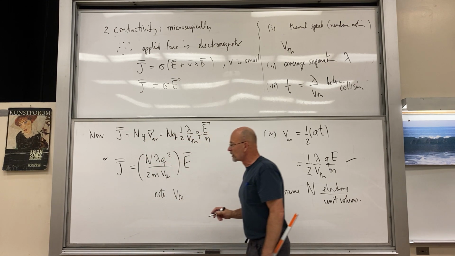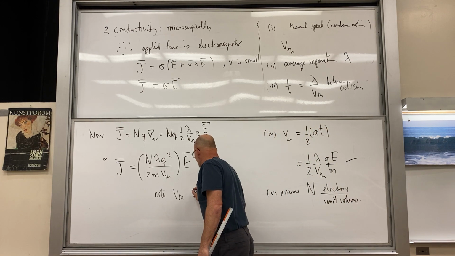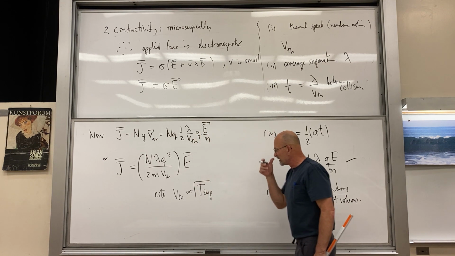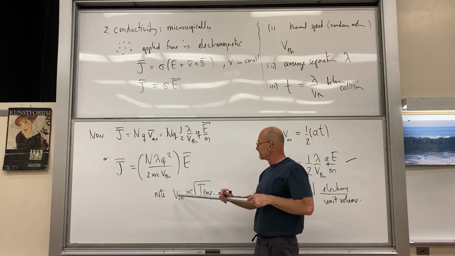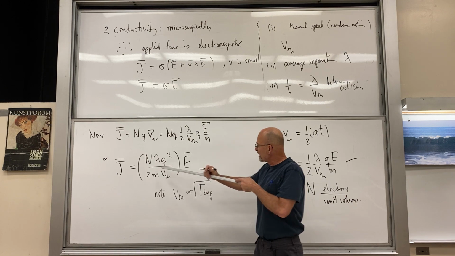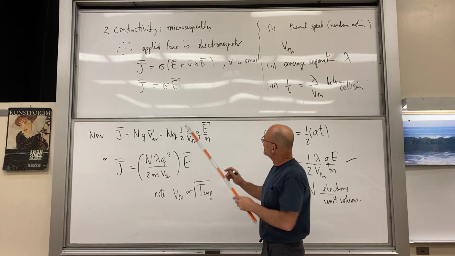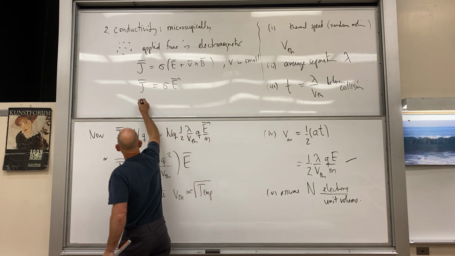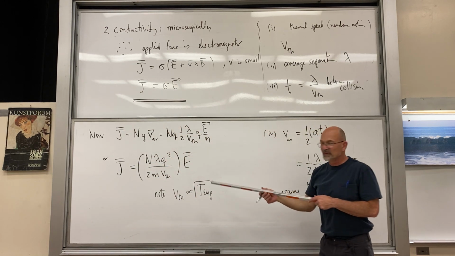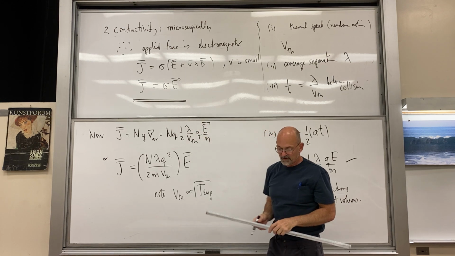V thermal, which you know from the kinetic theory of ideal gas, is proportional to the square root of the temperature in Kelvin. So you're going to get a smaller value of this as the temperature increases. But we're going to leave these considerations as having done them and continue along with that discussion.